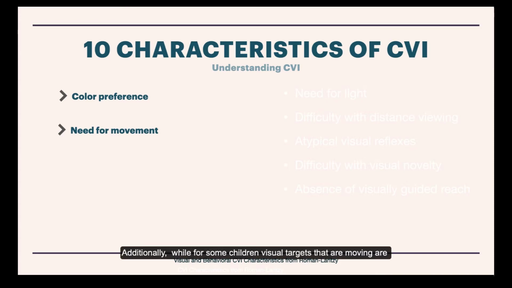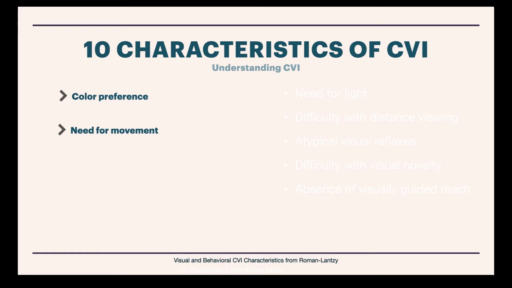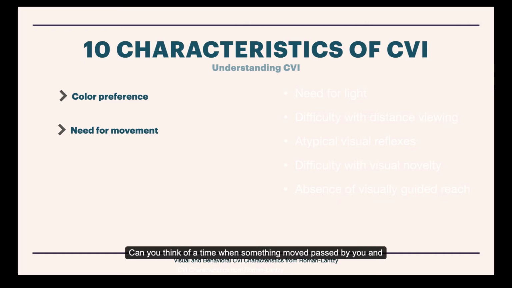Additionally, while for some children visual targets that are moving are helpful, movement can also be distracting. Can you think of a time when something moved or passed by you and distracted you from what you were doing? Maybe you were in a classroom and suddenly you find yourself turning to look and see who is walking down the hallway. That is likely because your brain sensed that motion and told you to look.